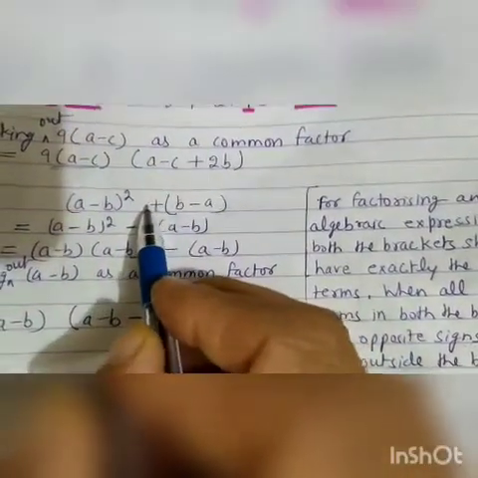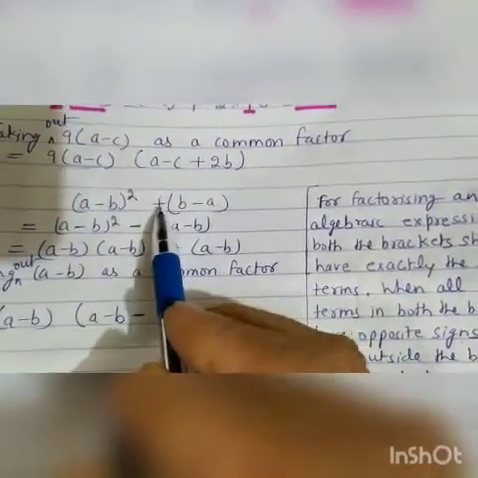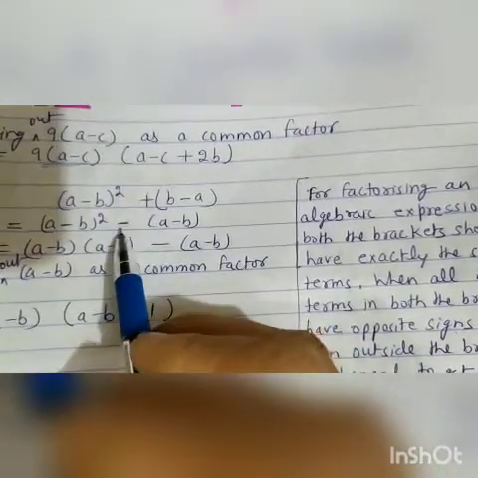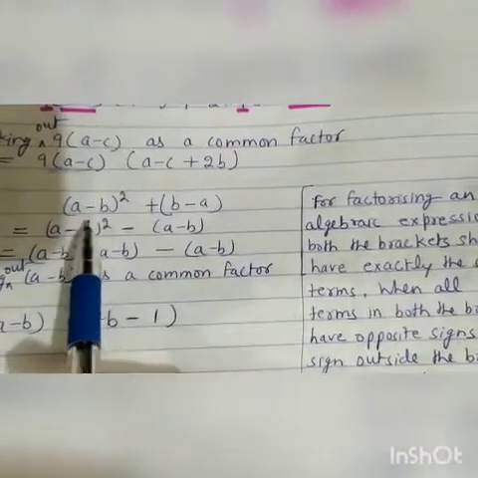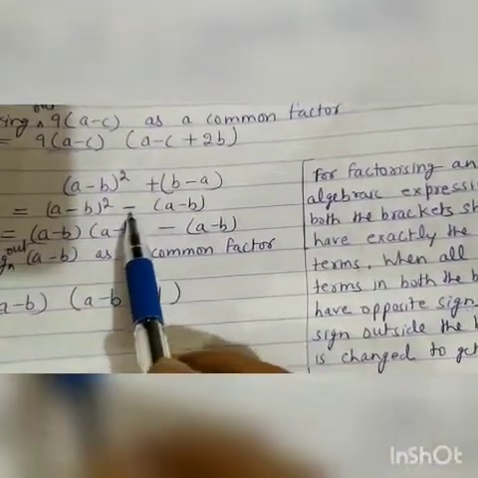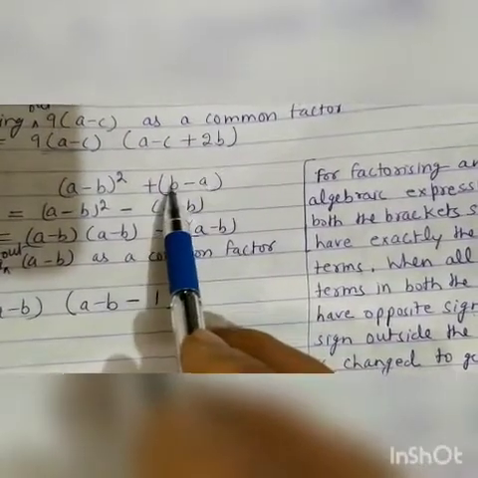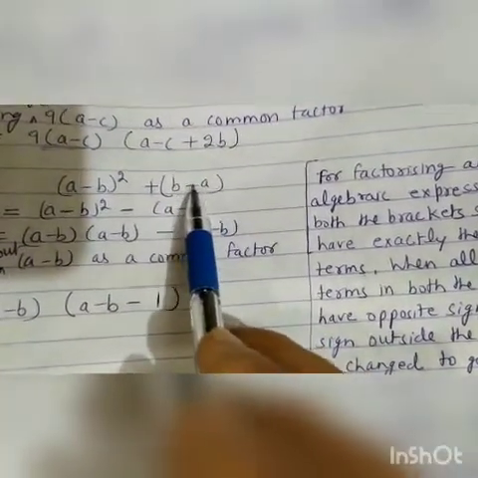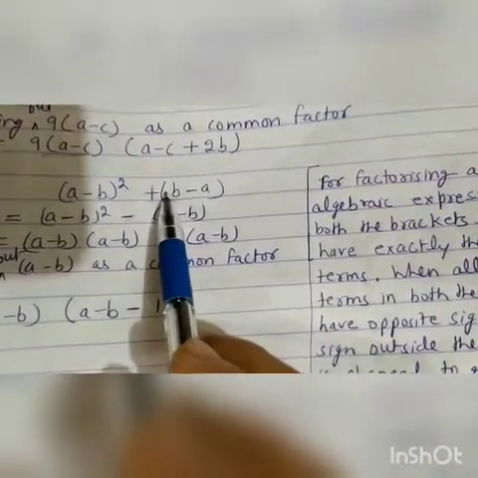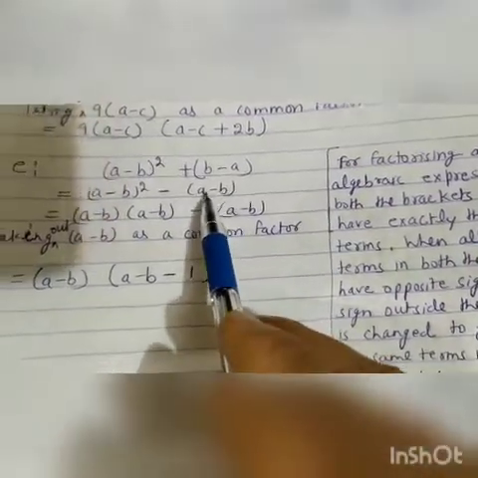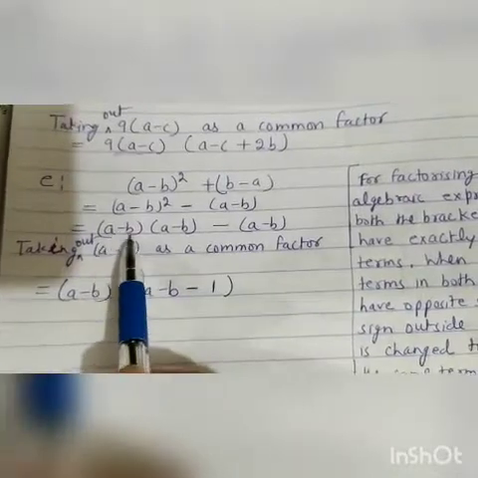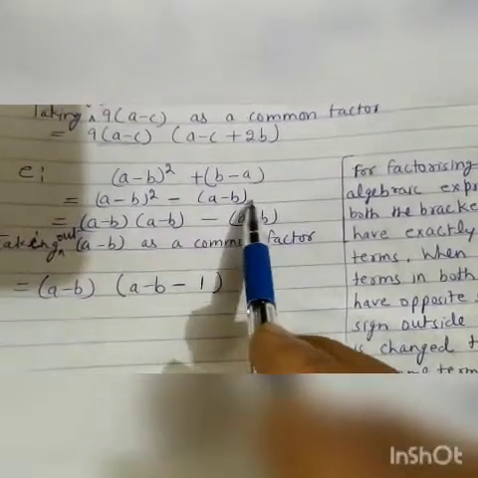Then what we will do, we will change this sign. If this is plus, we will change it to minus, and if it is minus, we will change it to plus. So it will be written first (a minus b) whole square, change this plus to minus, then these terms will automatically change. This minus a will become plus, and this plus b will change to minus b, and it will become a minus b. Now (a minus b) whole square means (a minus b)(a minus b).